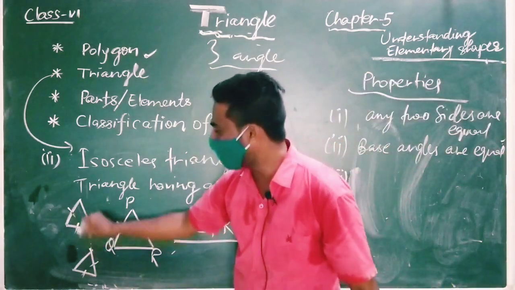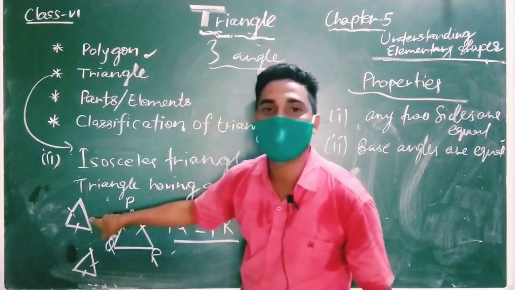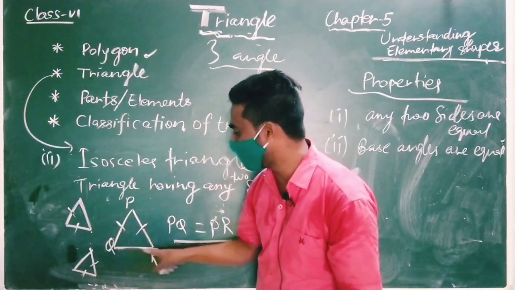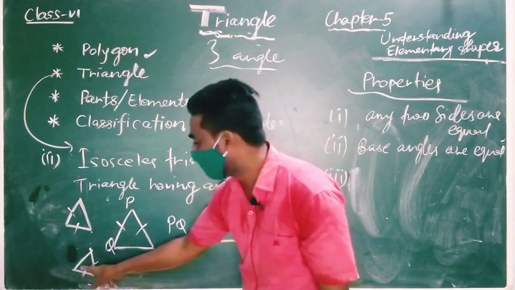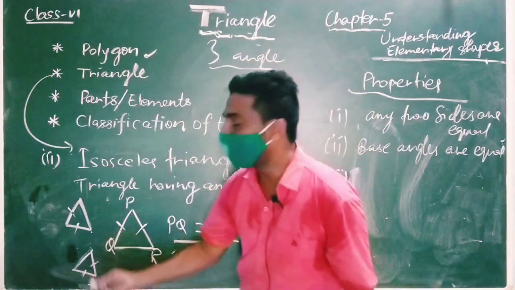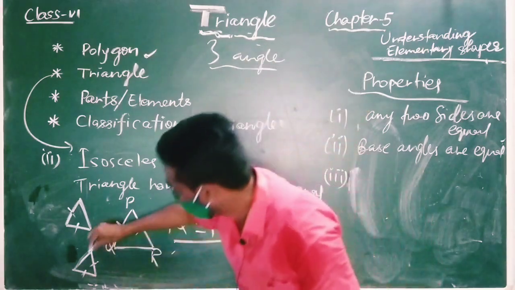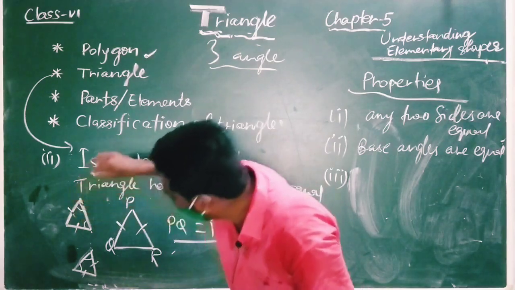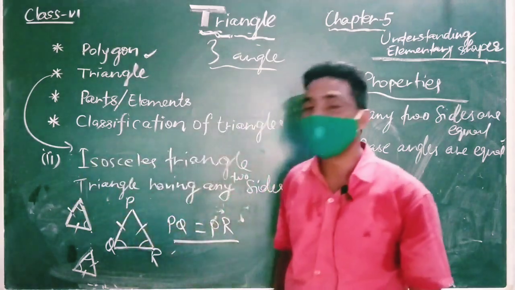Suppose these 2 sides are equal, so the third side, which is not an equal side, will be taken as the base. So on that base, what 2 angles are made? You see, this angle and this angle will be equal. Here this angle and this angle will be equal, and here these 2 angles will be equal.